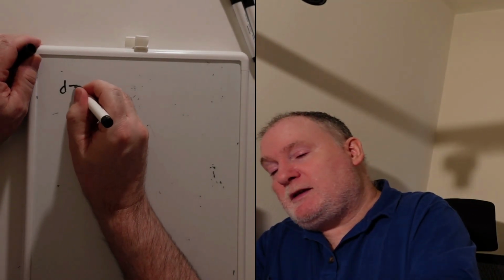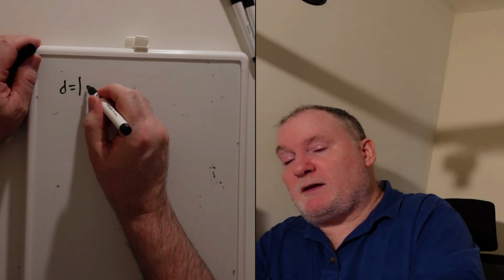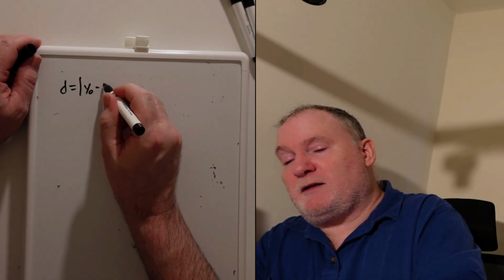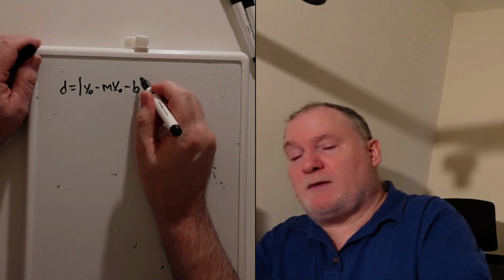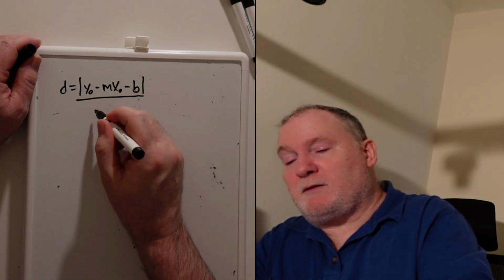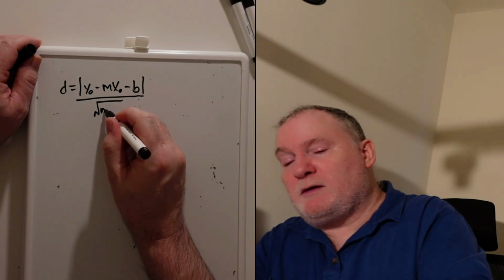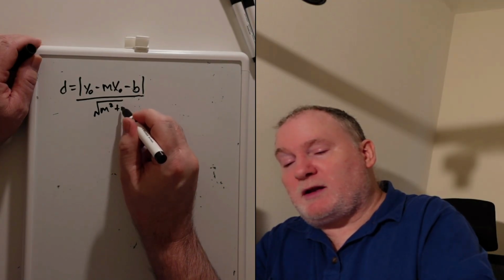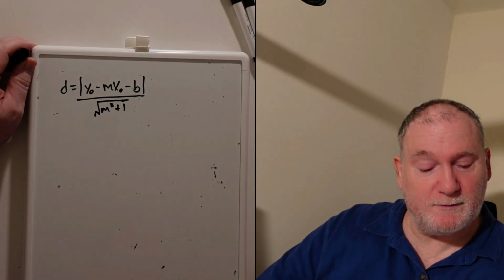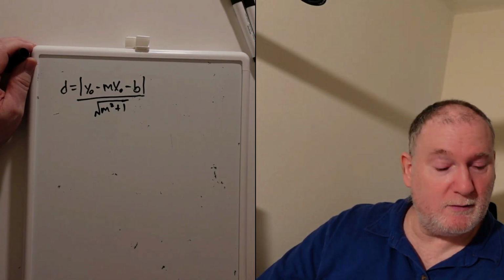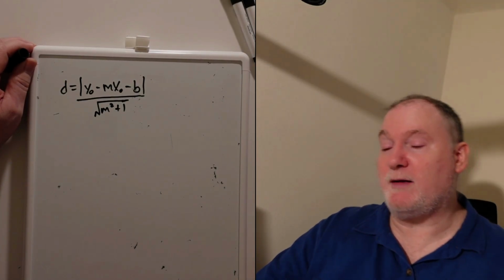So d is equal to y naught minus m times x naught minus b, all over the square root of m squared plus 1. Make sure I got that right. Y naught minus m x naught minus b over, okay.